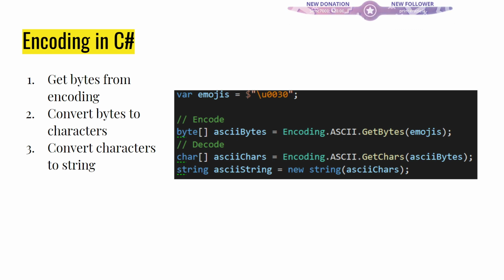However, for Unicode, I cannot, because Unicode varies and is more complex. And then if I want to convert the whole characters array back to a string, I just create a new string from the characters array. So this is a basic flow of how you do encoding and decoding in C#.